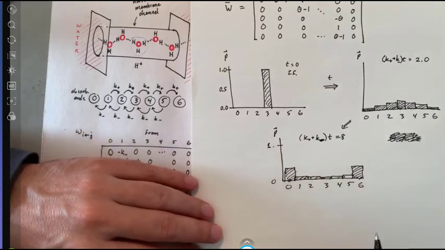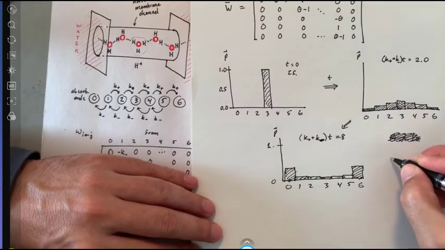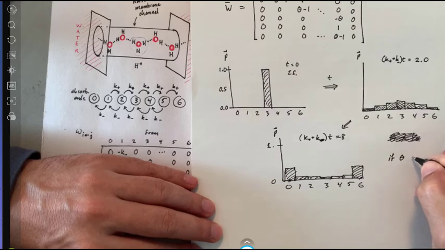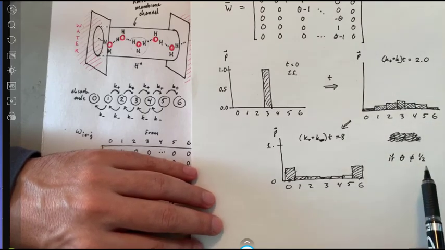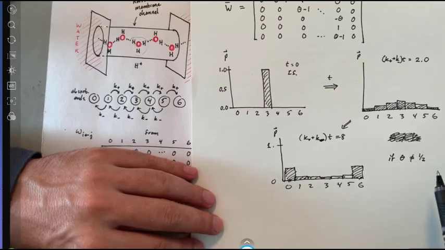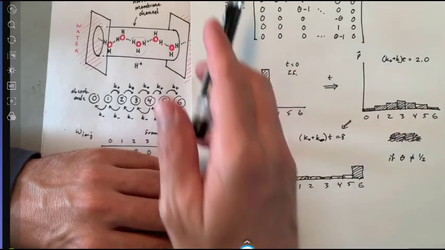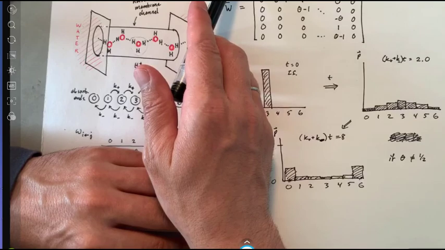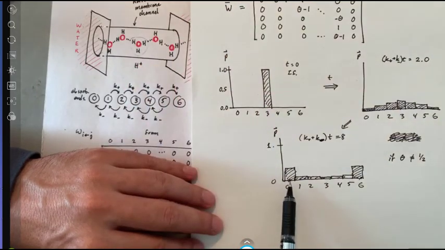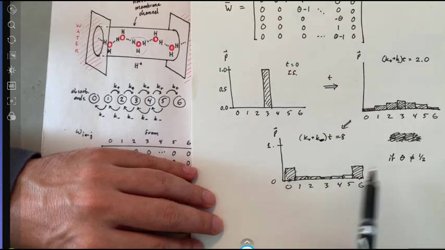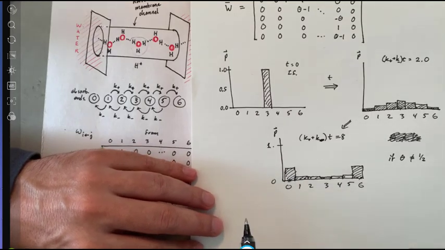Now, if I took a case where theta was not equal to 1/2, for example theta greater than 1/2, that would tell me that I tend to be biased to jump to the left. Then state 0 would absorb a larger fraction of the original probability than 1/2. I could crank this all the way up so that this almost became 1, and at long times that would basically look like 0.